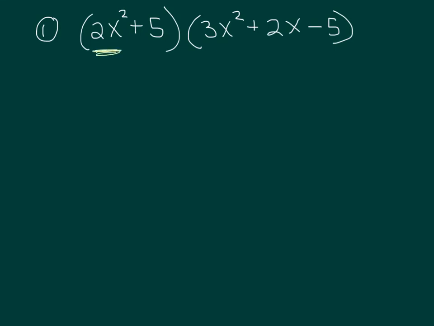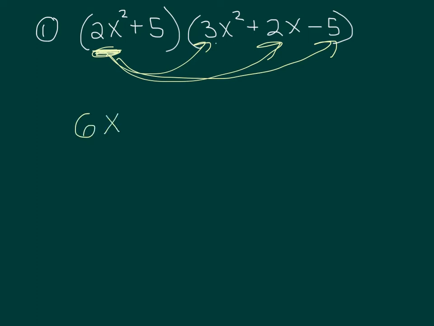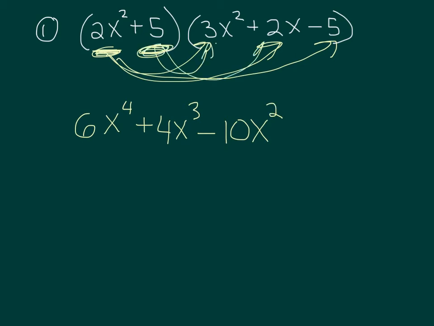My first step is to distribute this 2x squared to each piece inside the other parentheses. So I get 2x squared times 3x squared, which is 6x to the 4th. Then I'm going to get plus 4x cubed minus 10x squared. Now I'm going to distribute the positive 5 to each piece.